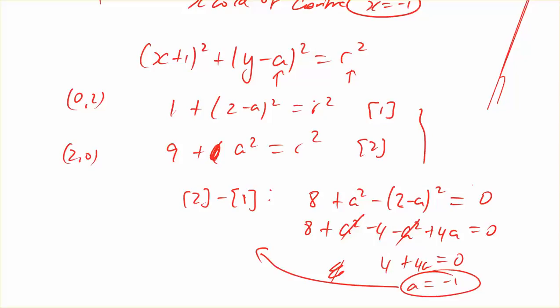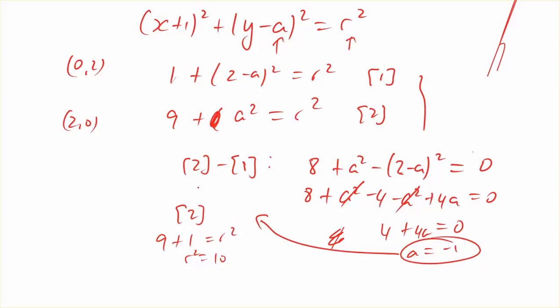Now I've got my a value, so I can sub this back into one of our original equations. I'm going to sub it back into equation 2 because that's an easy one. We get 9 plus, when a is -1, -1 squared is 1, equals r squared. So r squared equals 10. Then we've got our equation of a circle because we found r squared, we found a, and we found the x-coordinate of the center.